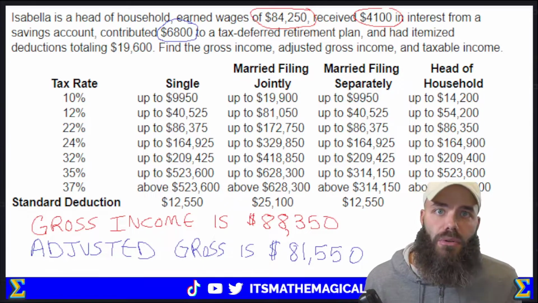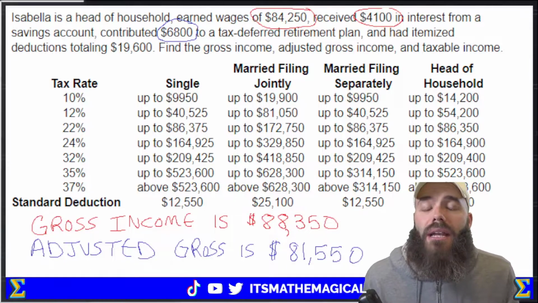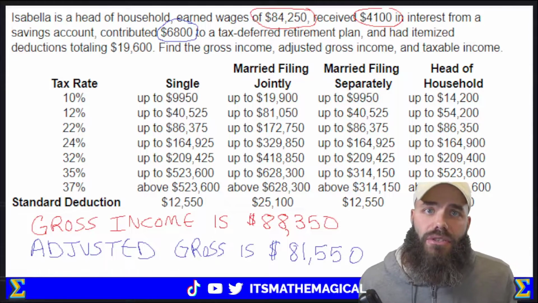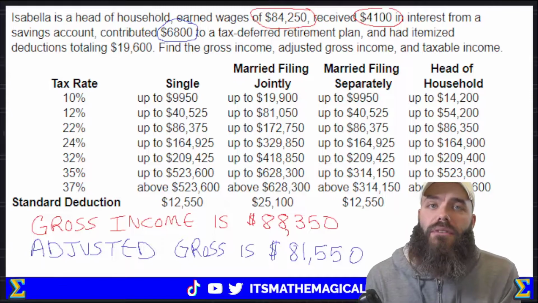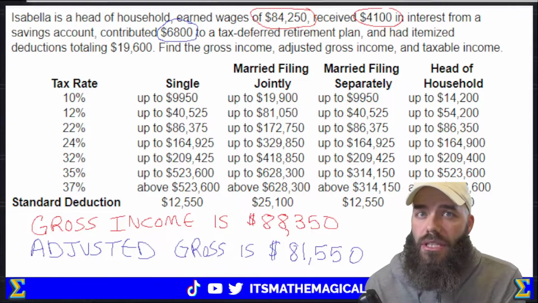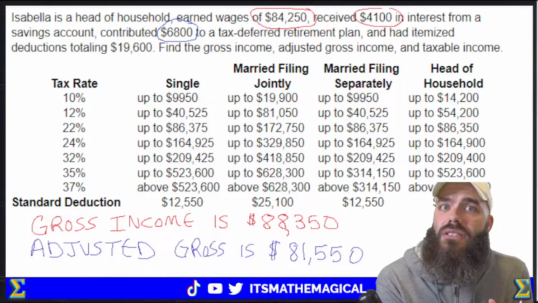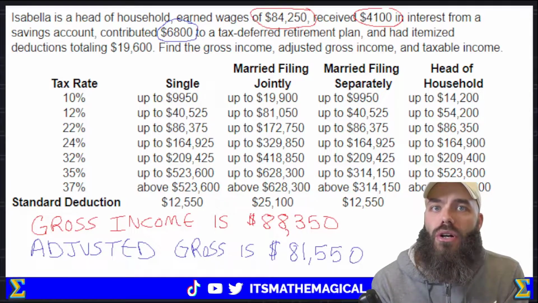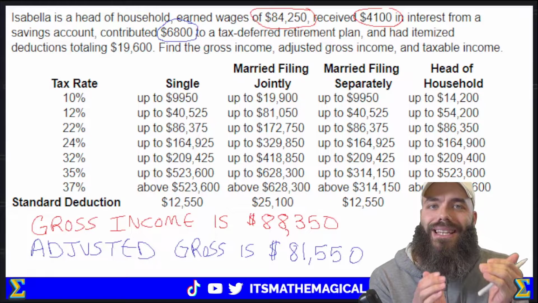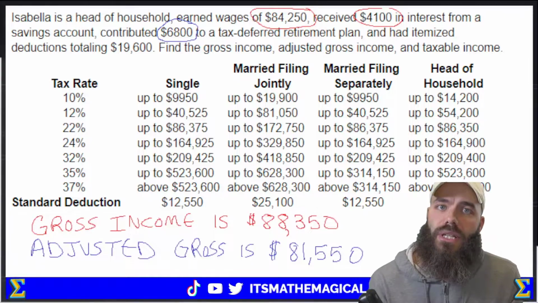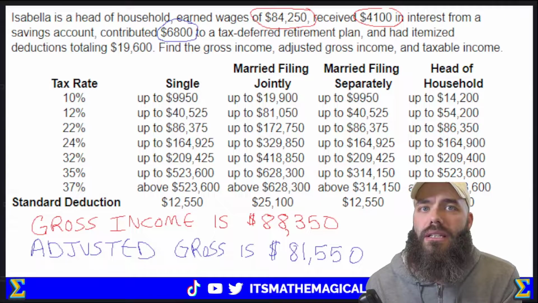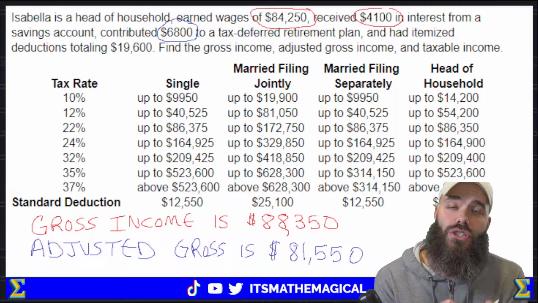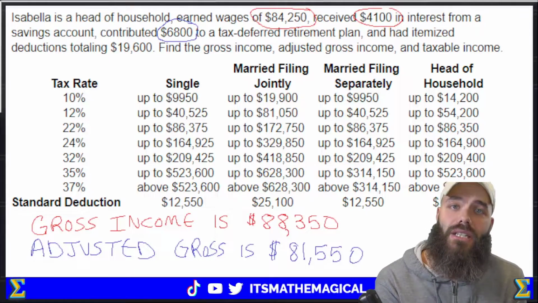If you're a business owner, whatnot, you may itemize your deductions. And so whenever you're choosing between the standard deduction and itemizing deductions, always take the larger of the two amounts because that's going to reduce your taxable income. So your taxable income is your adjusted gross minus deductions.